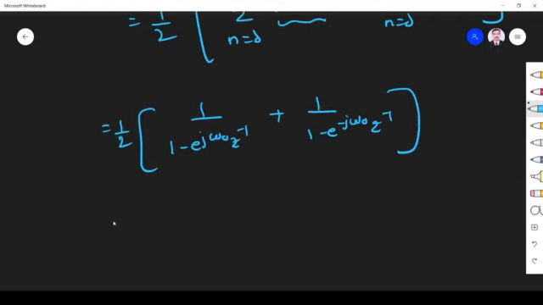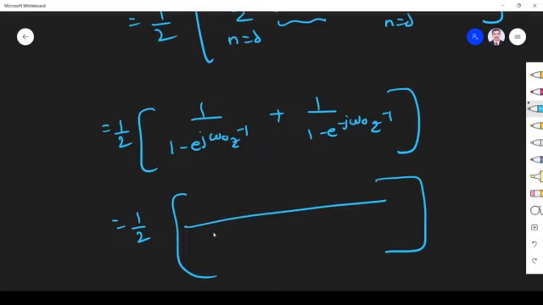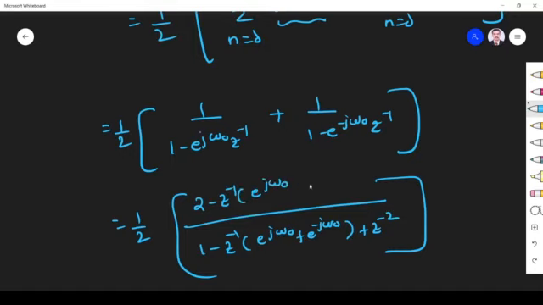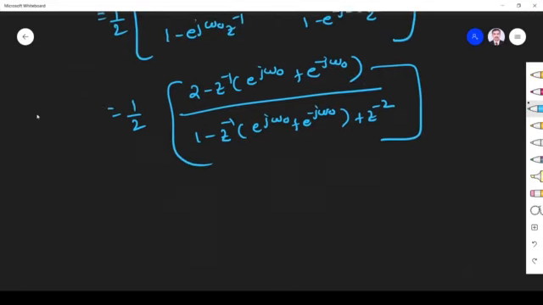Follow the same procedure that we did for sin omega naught n. What we get is, in the denominator, 1 minus z inverse into e power j omega naught plus e power minus j omega naught, plus z power minus 2. In the numerator, 2 minus z inverse into e power j omega naught plus e power minus j omega naught. Simplify this.